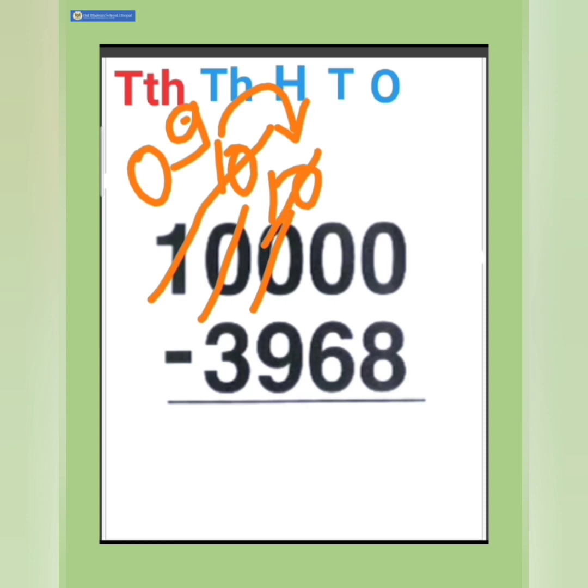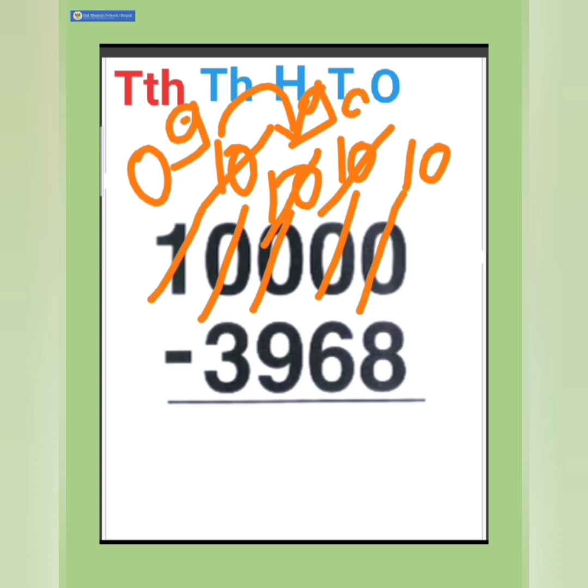And now this will be reduced by 1, becomes a 9, giving away a tens to this one. And finally the ones place will be increased by 10, as the tens place 10 will be reduced by 1 and becomes a 9. Now let us see what are the new numbers formed.